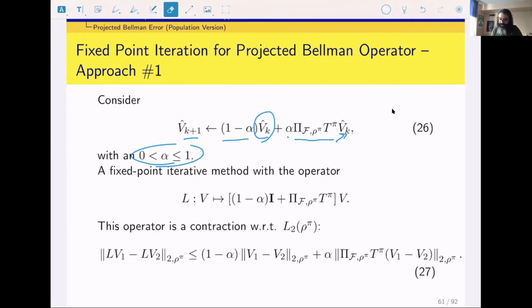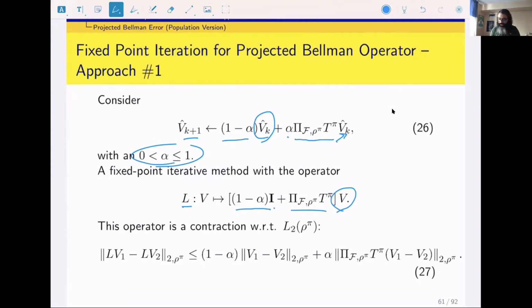So this can be seen as a fixed point iteration method with the operator L, which is essentially (1 minus alpha) times I plus alpha times capital Pi T pi of v. This can be shown to be a contraction operator.